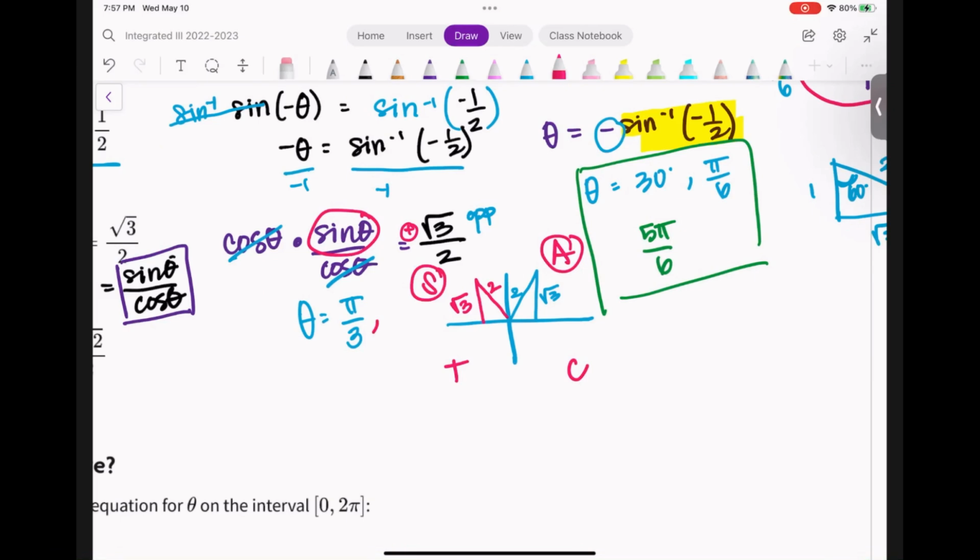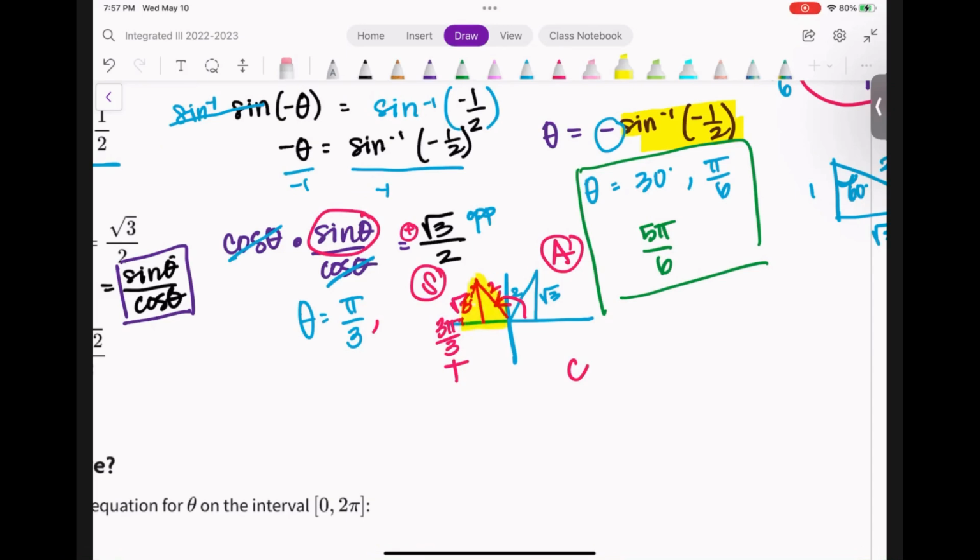So I already found pi over 3. What's this angle here? Well, because I'm in the land of pi, I know this is 3 pi over 3, and I took away a slice of pizza. Does everybody see how I took away a slice of pizza? Here's my pizza. Maybe my pizza looks like this. See my little pizza wedge there?